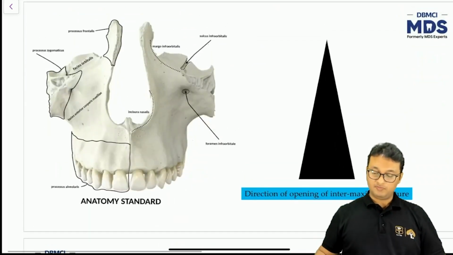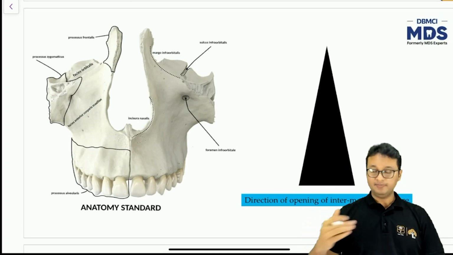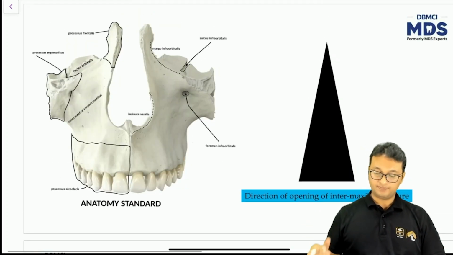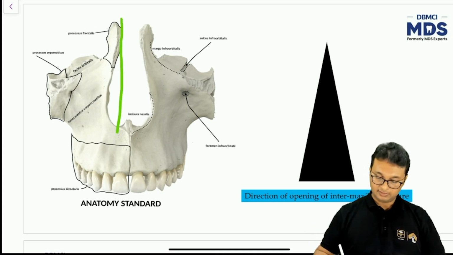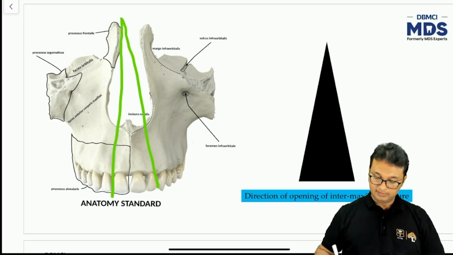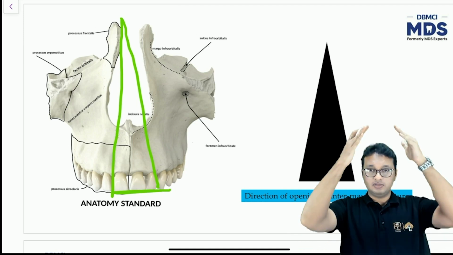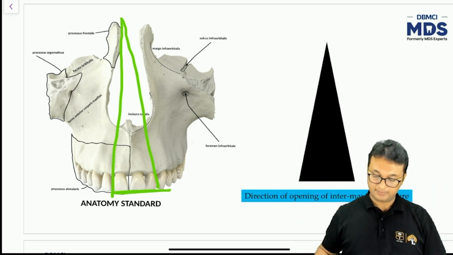So if you look at the maxilla in the coronal plane, this is the direction of opening of the intermaxillary suture, like this. So the lower part of the maxilla, the inferior part of the maxilla widens more as compared to more apical end of the maxilla.